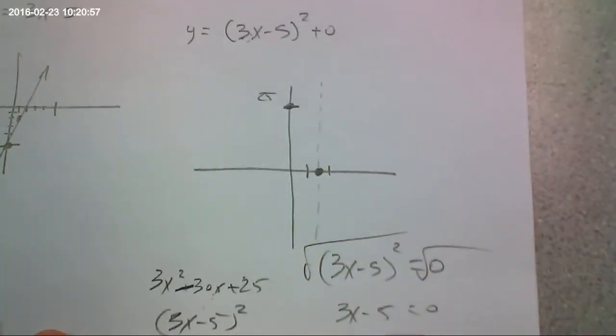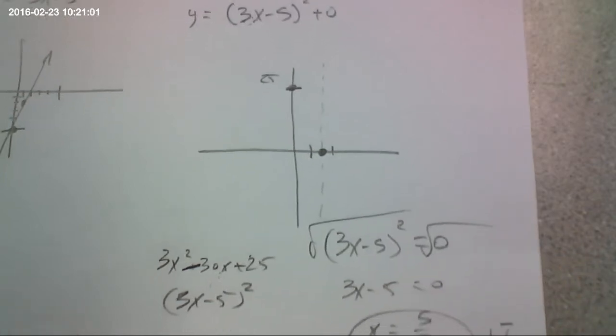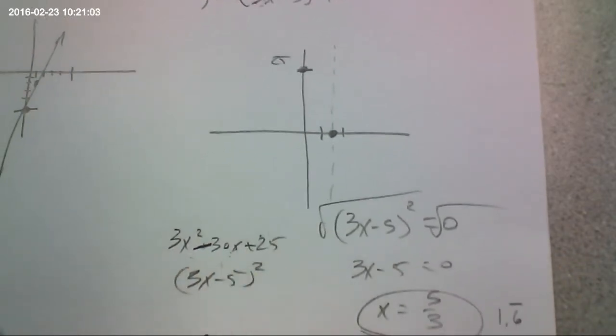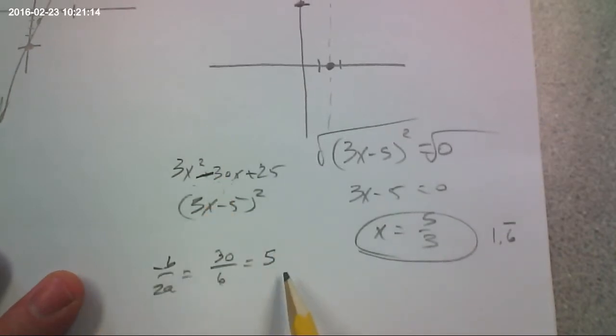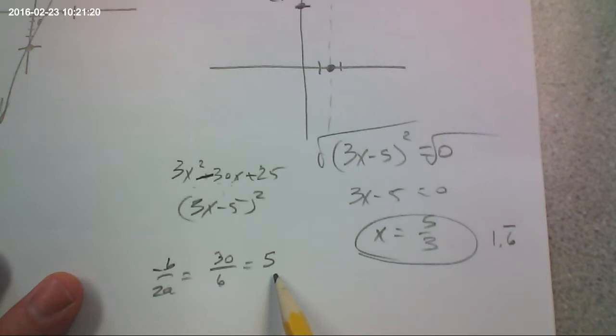Here's how you would know it's the vertex. You get 30 divided by 6. Isn't that equal to 5? Like negative b over 2a. Isn't that 5? You already know what happens when x equals 5. You can just plug it in right here.